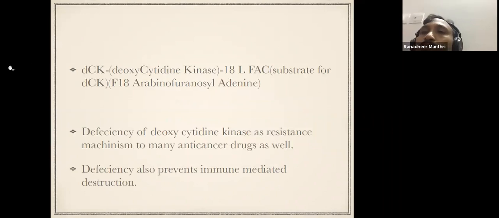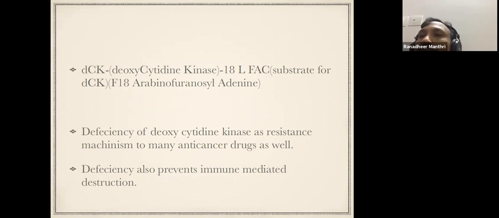Deoxycytidine kinase is a substrate for cytidine kinase. Deficiency of deoxycytidine kinase is a resistance mechanism to many anti-cancer drugs as well. Deficiency also prevents immune-mediated destruction. Because of the deficiency, the expression of PD-L1 is also changed, and many of the cancers which are resistant to anti-cancer drugs are so because of cytidine kinase deficiency.